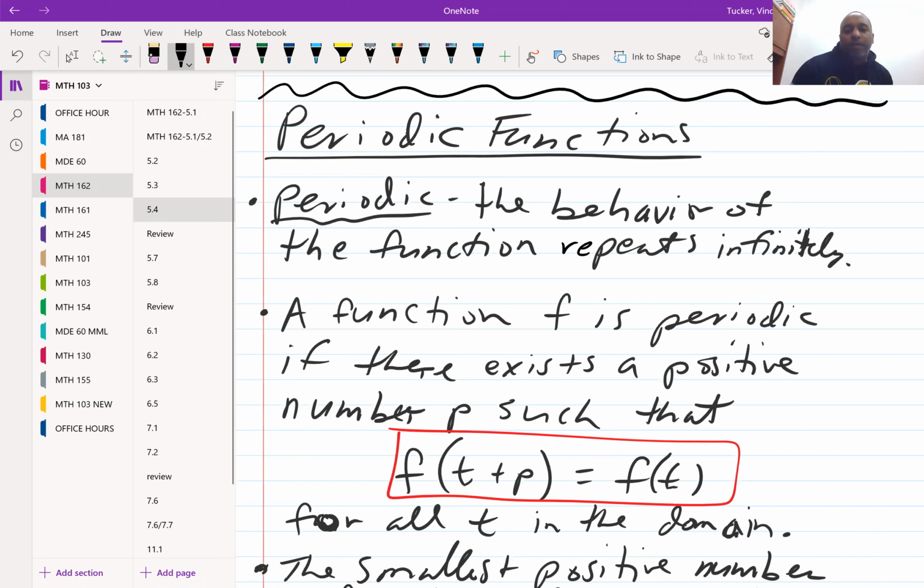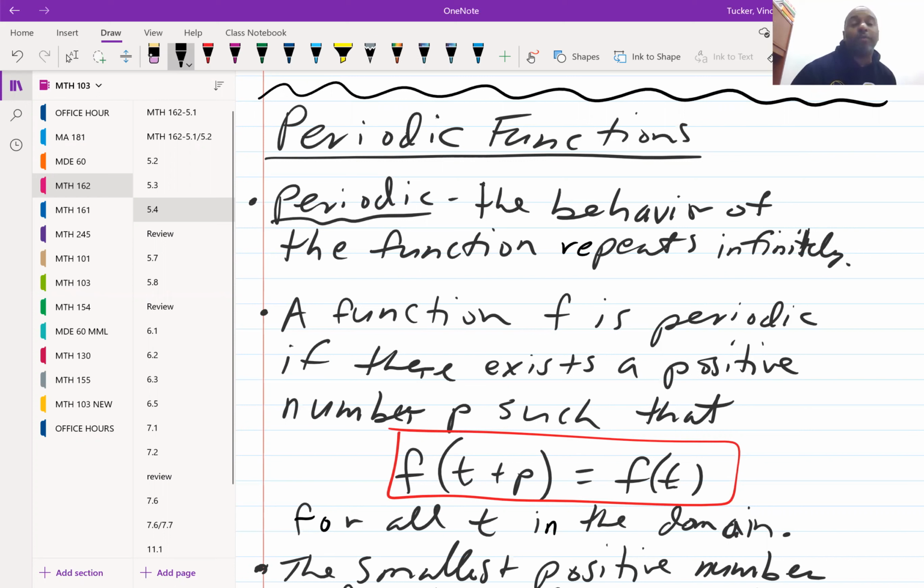Then it says a function f is periodic if there exists a positive number p such that, and basically just saying that p is increments. And as far as p goes up, it'll always be able to be repeated by f of t. And you'll see what I mean.